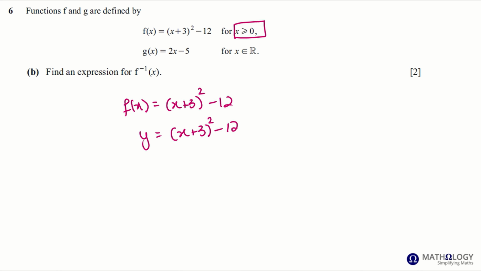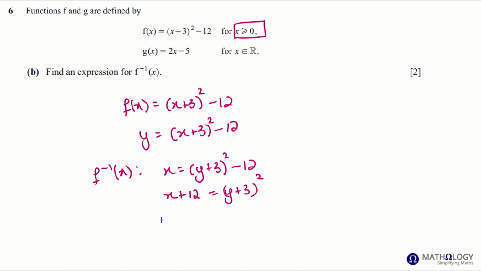So to find the inverse function, we switch x and y around. So x equals (y plus 3) all squared minus 12, and we proceed to solve for y. So x plus 12 equals (y plus 3) all squared. Square root both sides: plus or minus root of (x plus 12) equals y plus 3, so y equals minus 3 plus or minus root of (x plus 12).